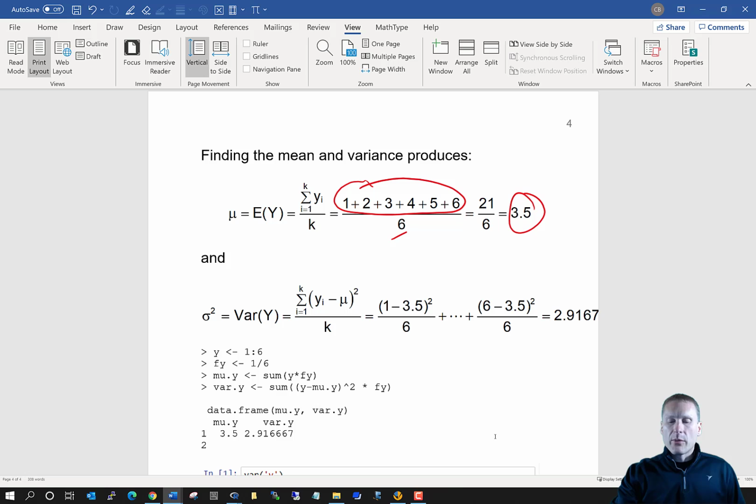Do a similar thing with the variance, and we get 2.9. So notice here again how the mean, or what you would expect on average to roll, doesn't have to actually be a potential thing that you can roll. Obviously, you can't roll a 3.5.